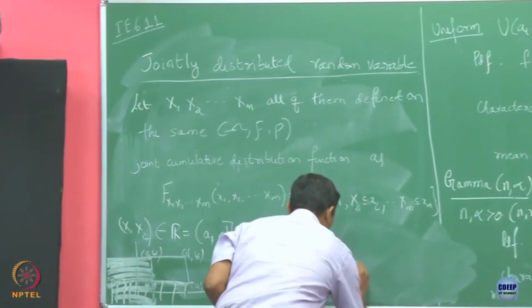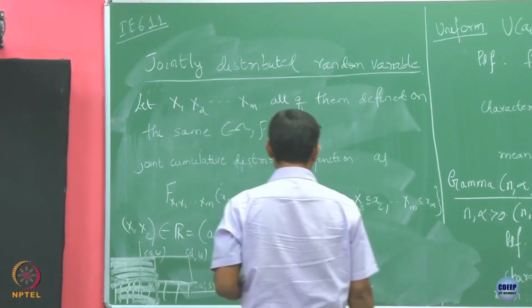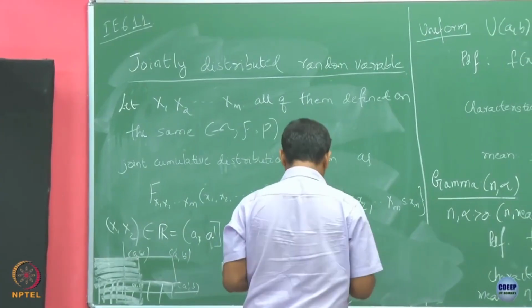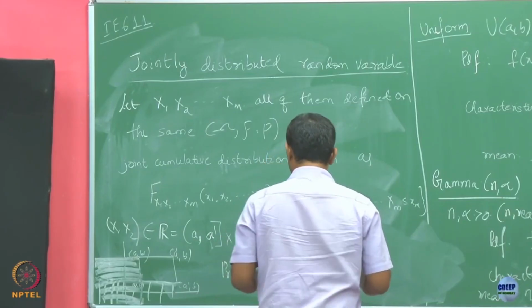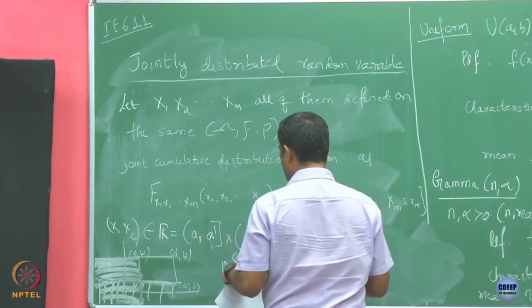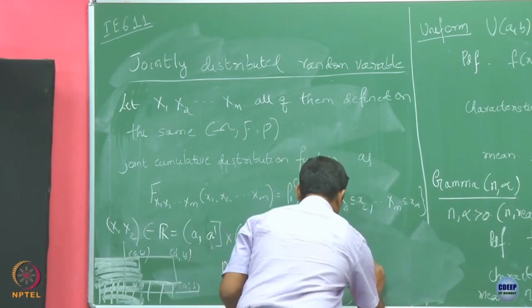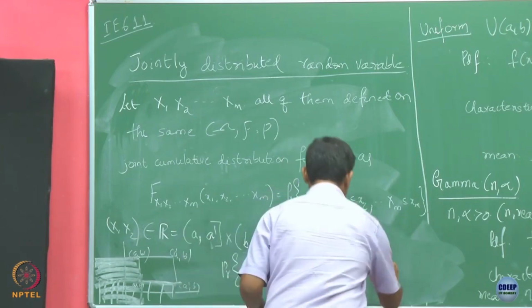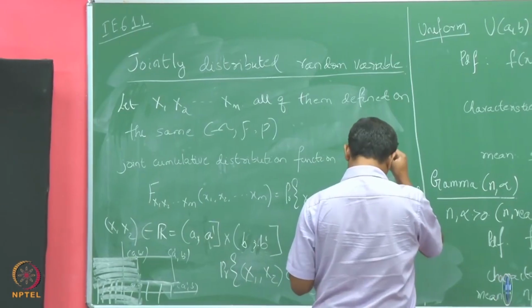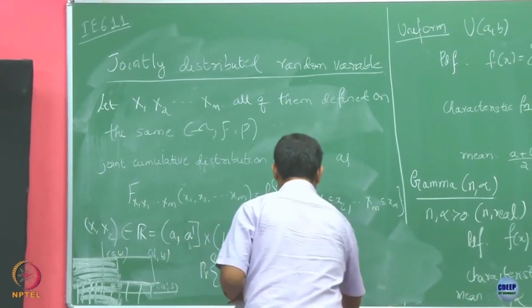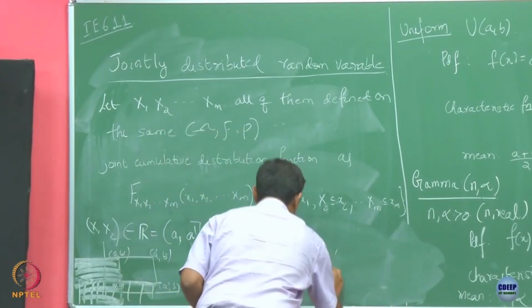This is going to be x1, x2, and this is going to be the region I want to go all the way up to A prime, and this is going to be B. First I will take the entire thing, everything below this.